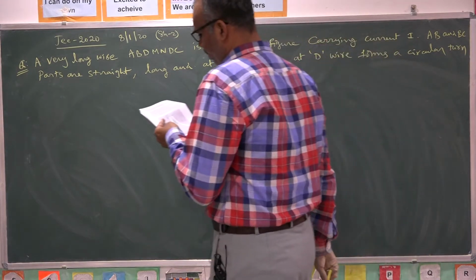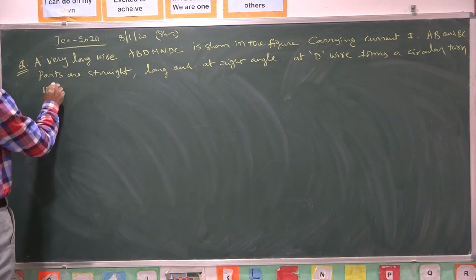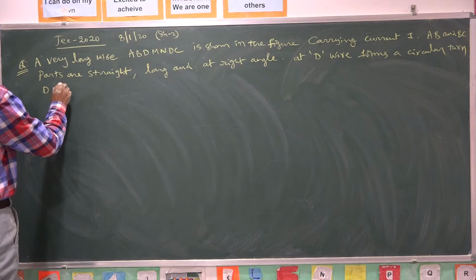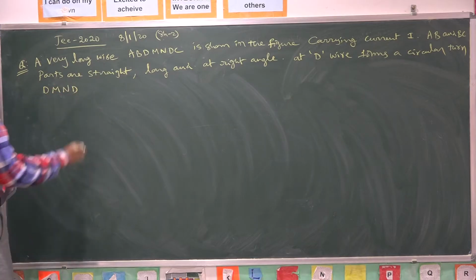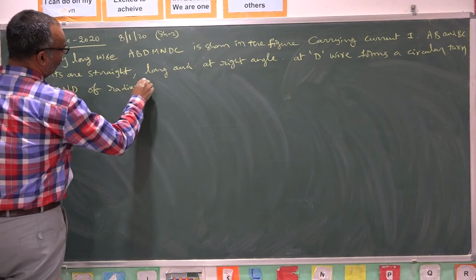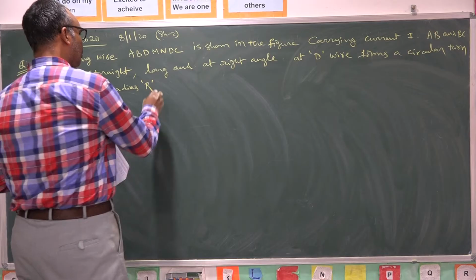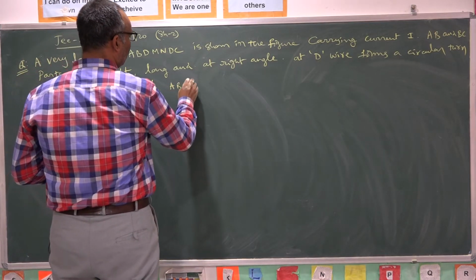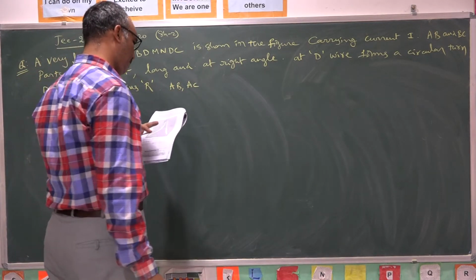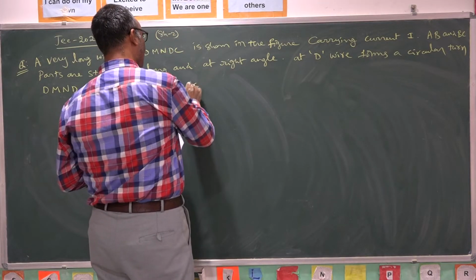DM, ND of radius capital R. AB comma BC.